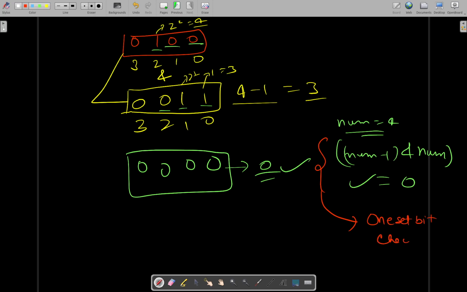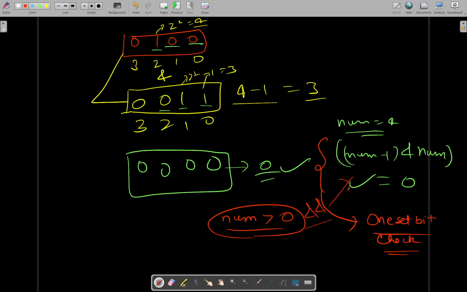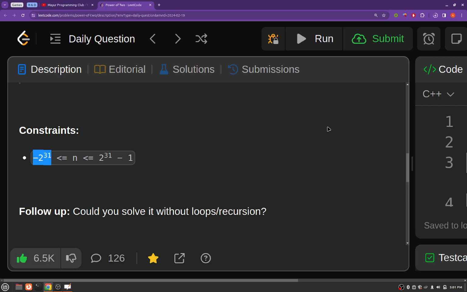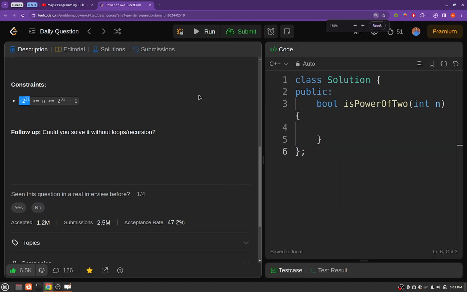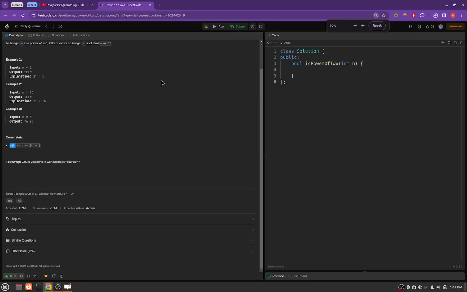You can call it the one set bit check. And we will be ignoring the numbers which are negative and equal to 0. So the number should always be greater than 0. And if these two conditions are satisfied, then we can safely say that this is a power of 2. So we have to write just this line only, and we are done with the implementation of the solution. So let's do that.